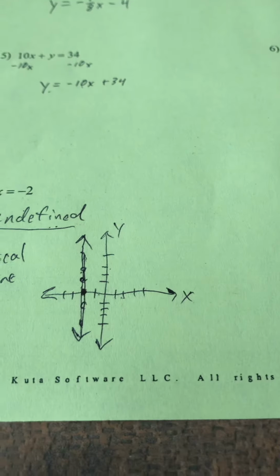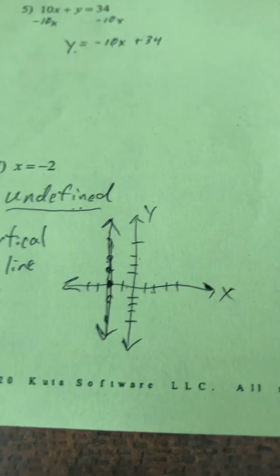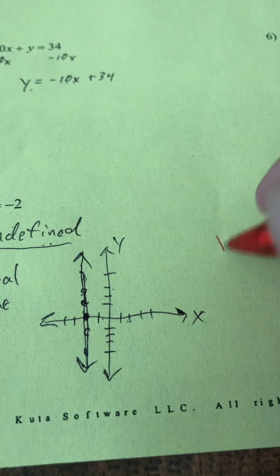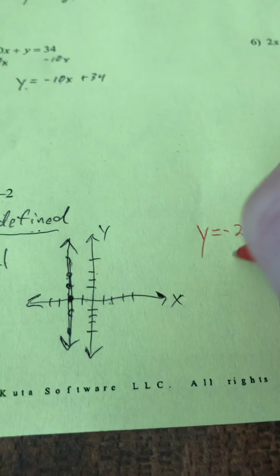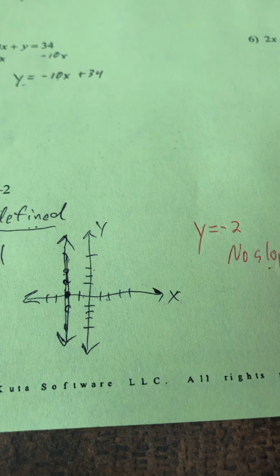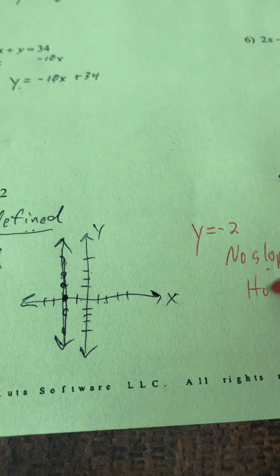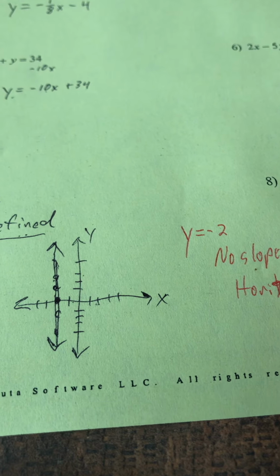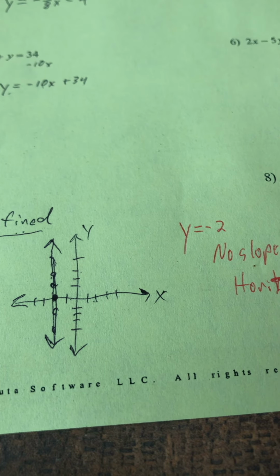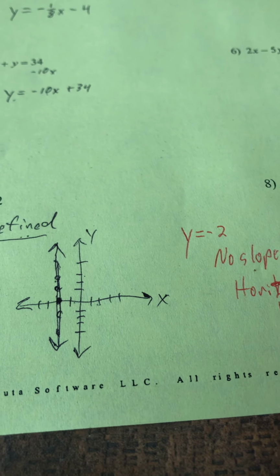That's opposed to, like, say you had, and I'll do this one in red, because you're going to see this too. Sometimes you're going to see something like this. What if it said y equals negative 2? That's going to be a no slope, and it's going to be horizontal. Horizontal line.